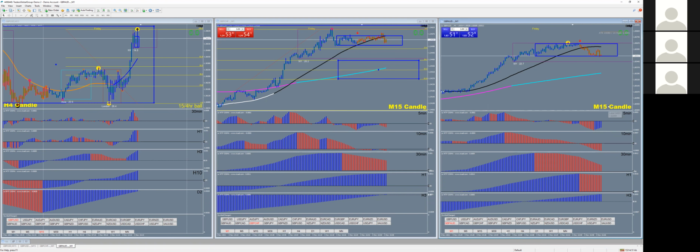But I don't like to trade the first 10 minutes of the hour because the market tends to retrace and go back and forth and position in the first 15 minutes of the hour to see which direction the market's going to go.